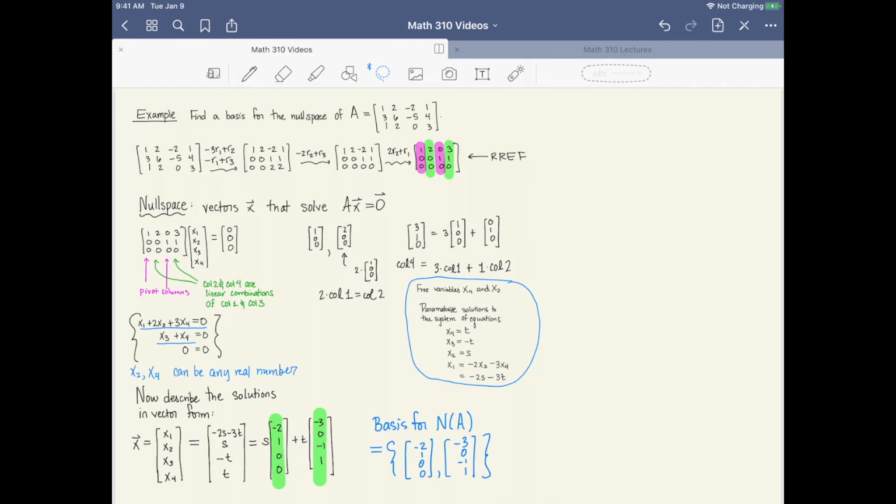So let's think more about those linear dependencies that we saw in the matrix. Our matrix that we ended up with after we row reduced everything was this one. We have 1, 0, 0, 2, 0, 0, 0, 1, 0, and 3, 1, 0. Okay.